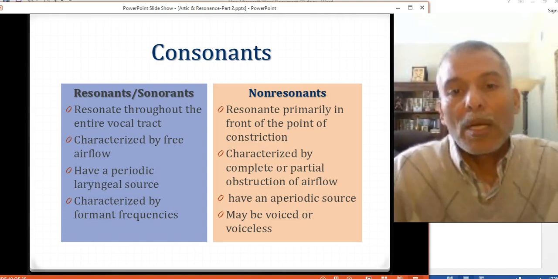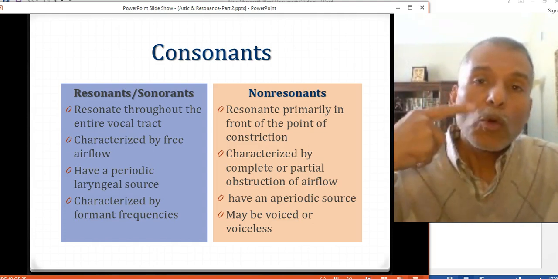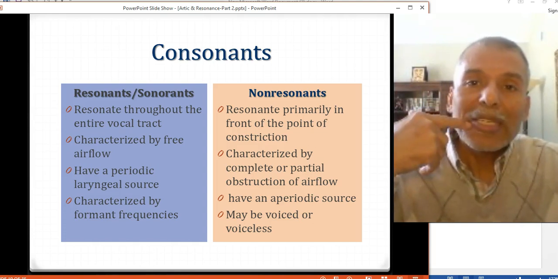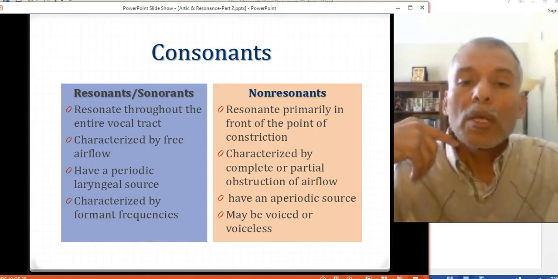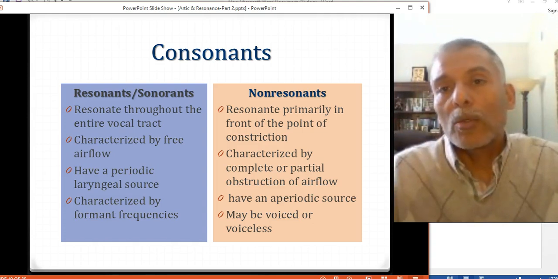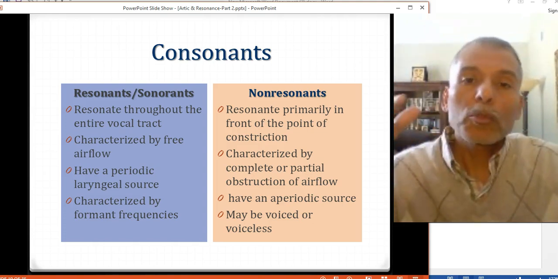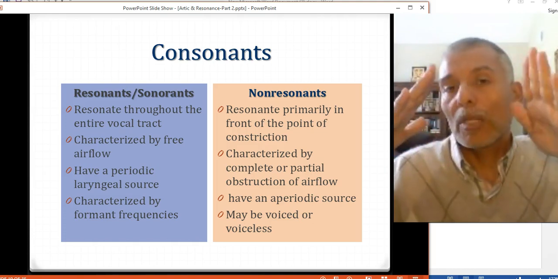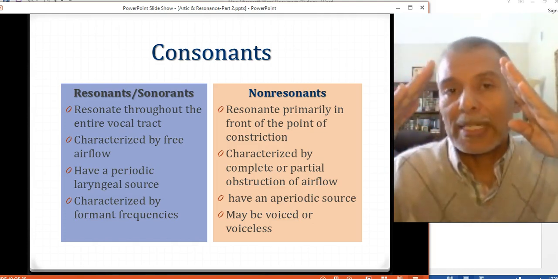Non-resonant sounds again have an aperiodic source, which is noise produced in the oral cavity or between the vocal folds. And some of them are going to have periodic tones as well. So there are two groups of non-resonant sounds: one group we know as voiced, and one group we know as voiceless.